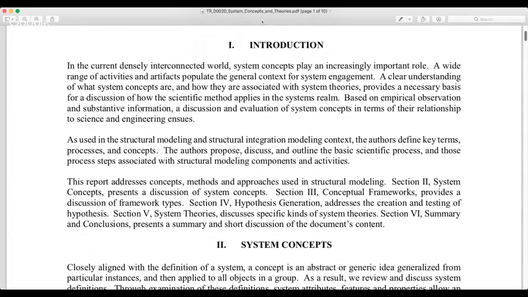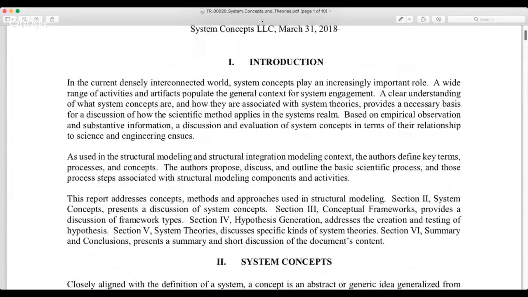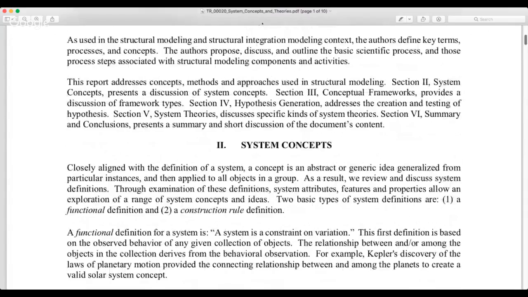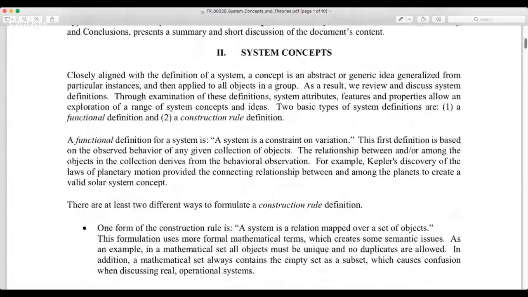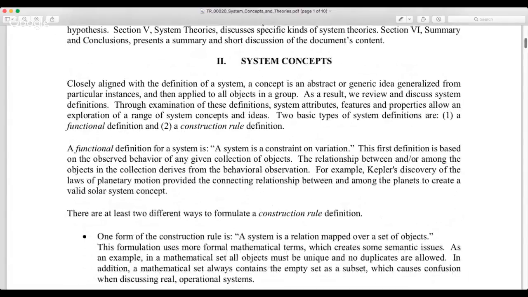One of the more interesting things about a system concept is that we need to look at the two parts of that. First, the system part, and then the idea of the concept itself. We'll look at the two definitions of a system: one which is a construction rule, and the other is a functional definition of a system.